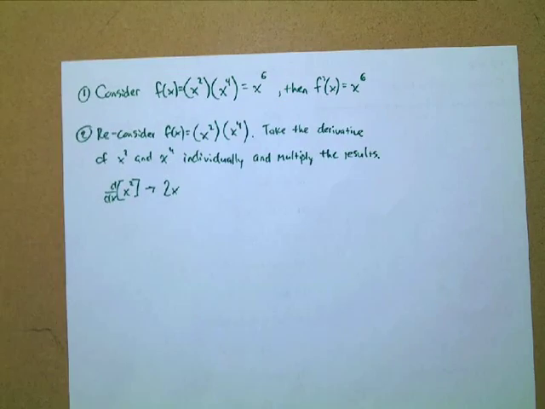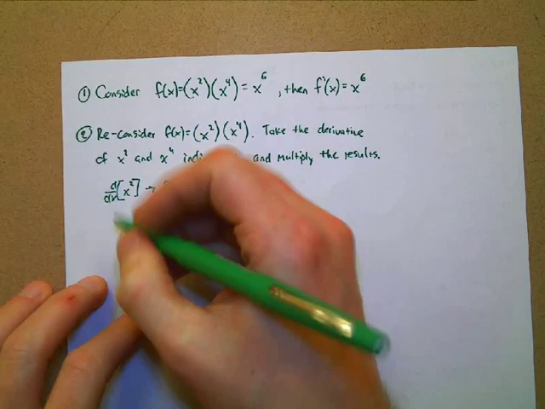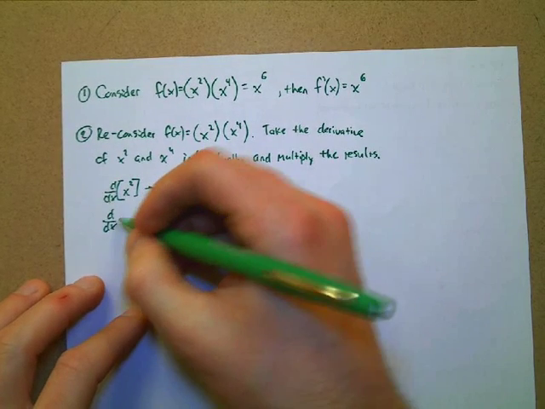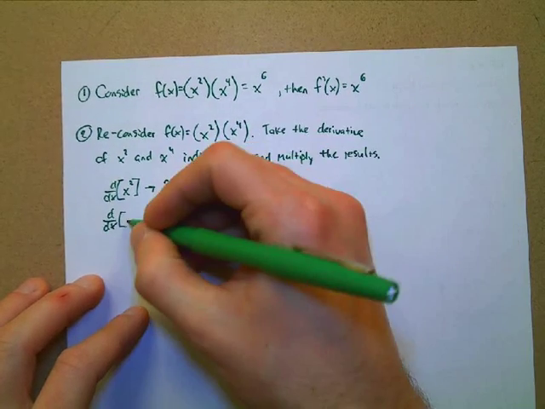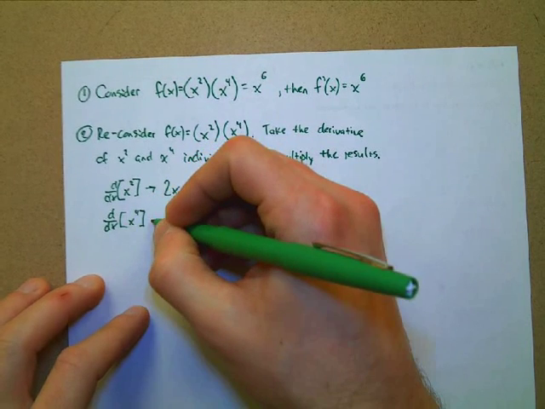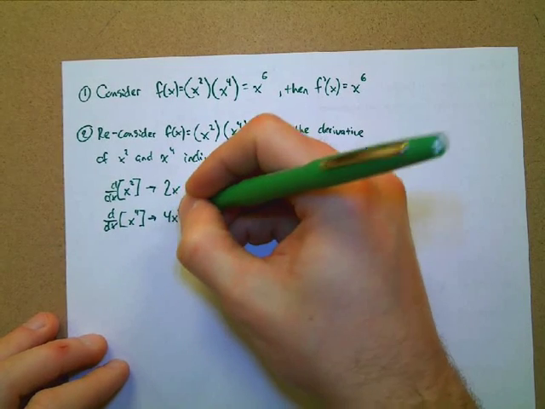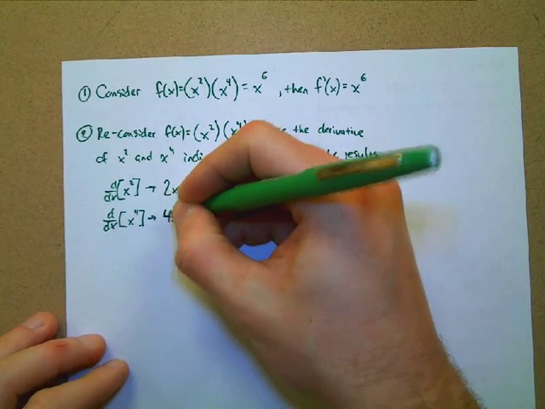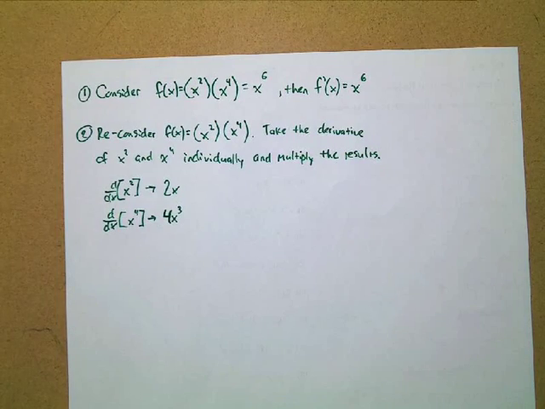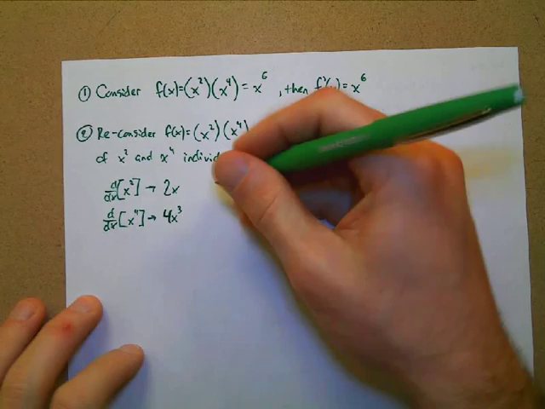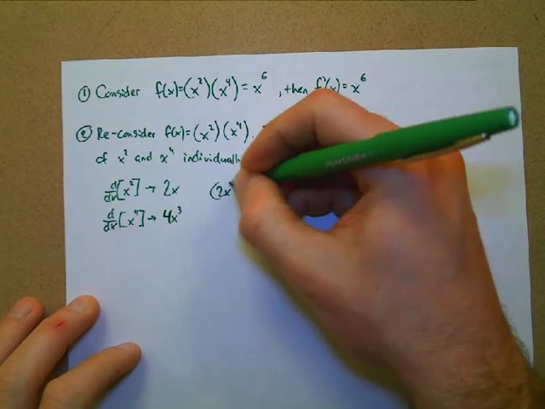Good. If we multiply those two answers together, 2x times 4x to the third, we're going to end up with 8x to the fourth.